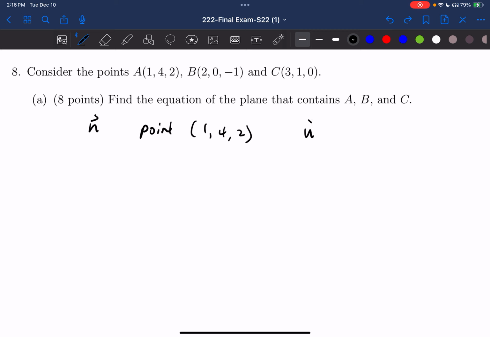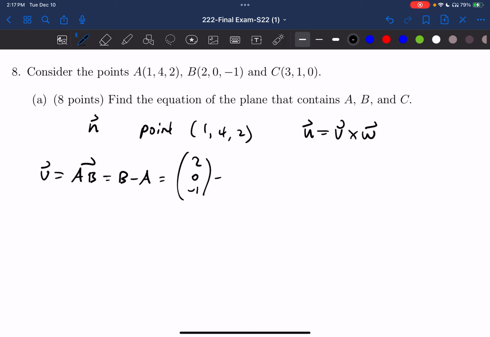This will be equal to, let's say, v cross w. Now what is our v? We're given 3 points and we need 2 vectors. AB will be equal to B minus A, which will be equal to (2, 0, -1) minus (1, 4, 2).